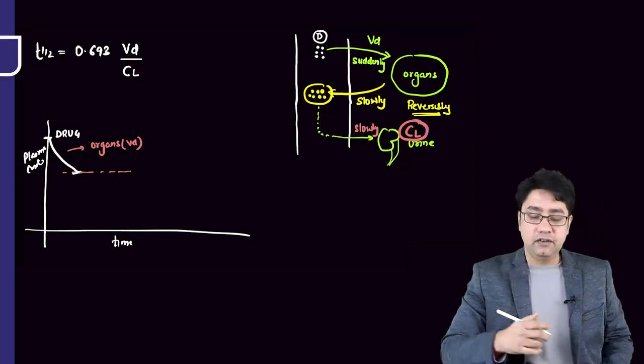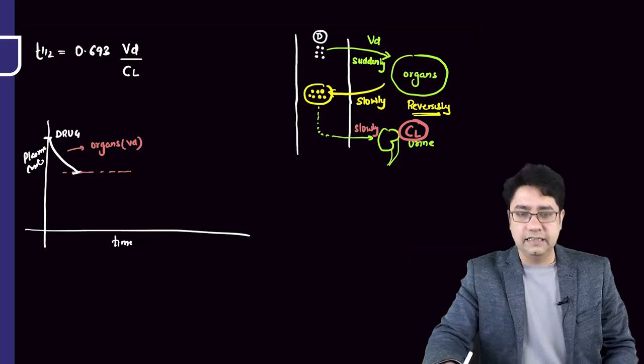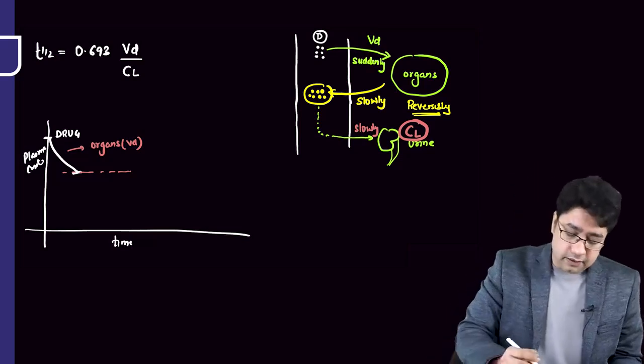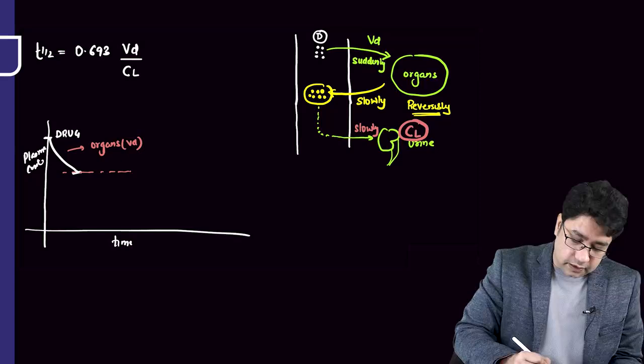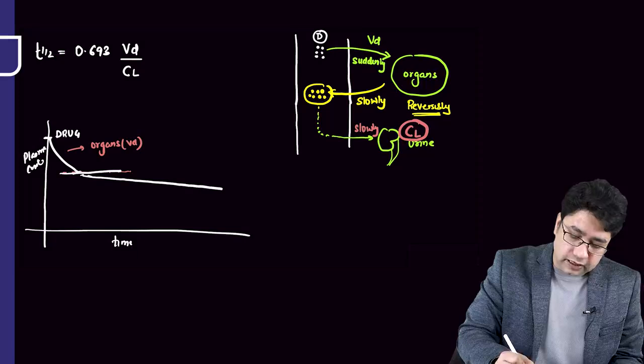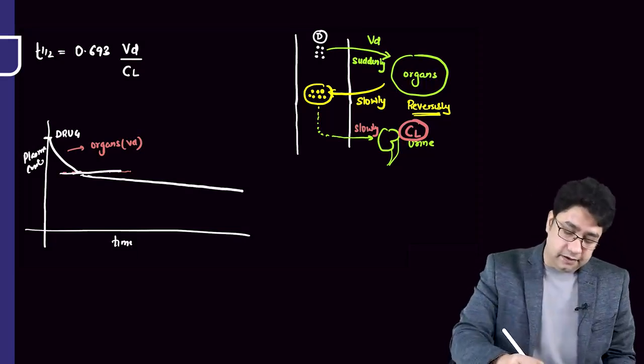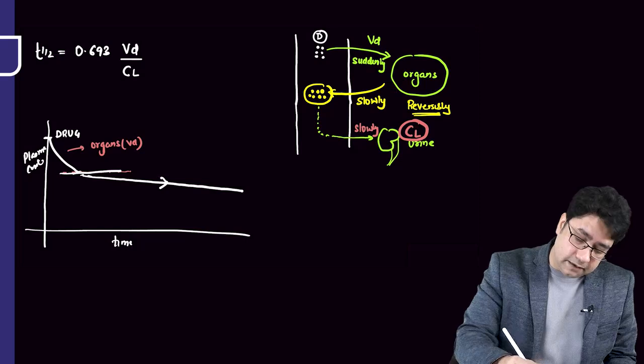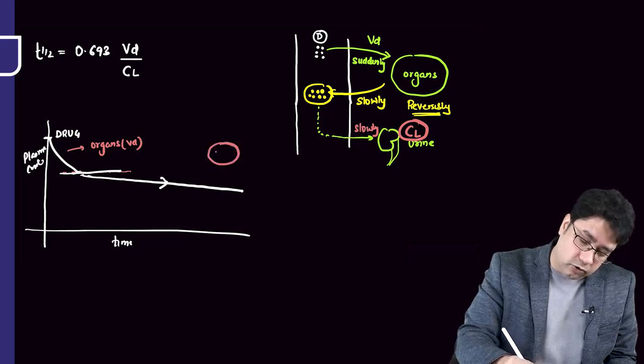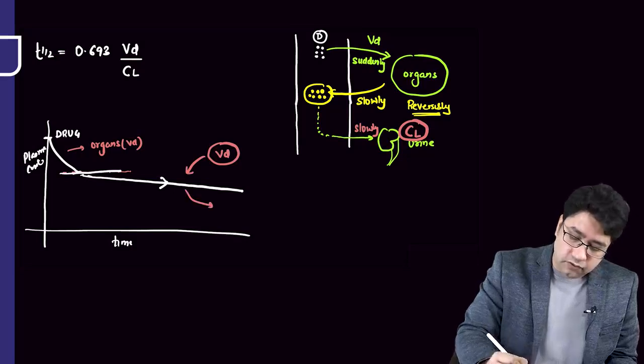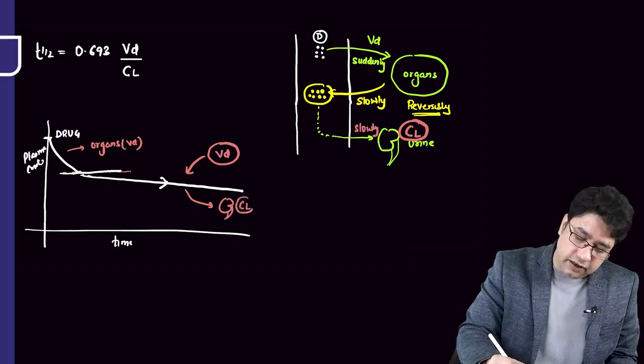Now the power of an organ to eliminate a drug is known as clearance capacity. Now what will happen? Again, slowly and slowly this drug gets reduced in the plasma. Why? Because the drug is coming from the organs into the plasma, and this drug is getting removed into the urine by clearance capacity of an organ.